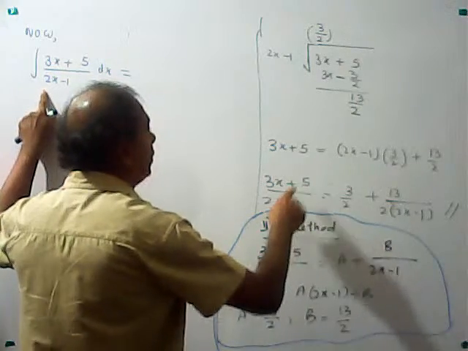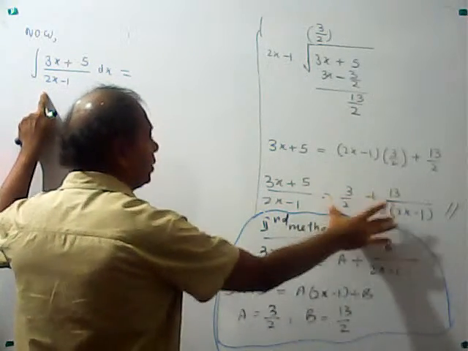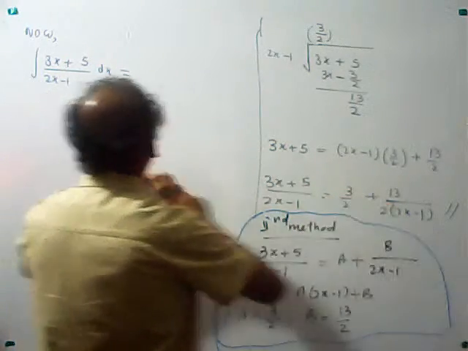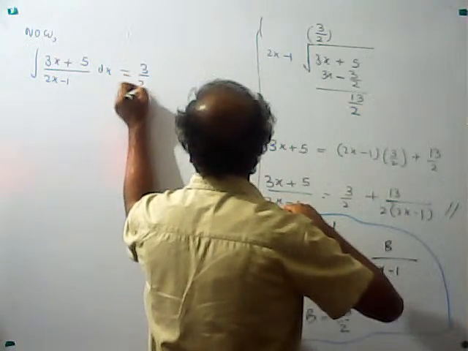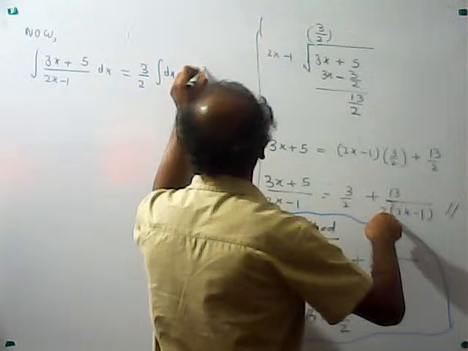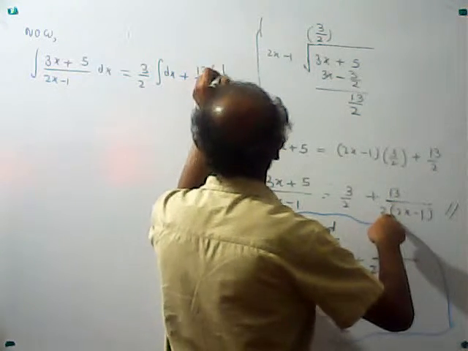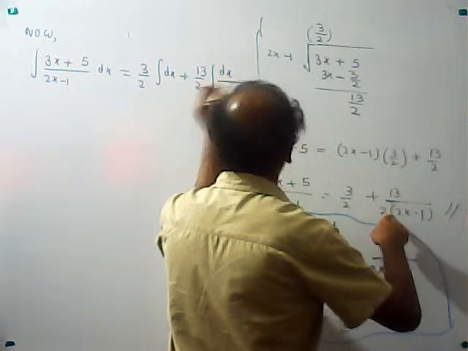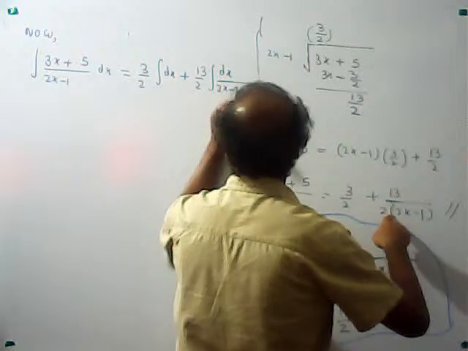Integral of this, we found a and b. Integral of this equals integral of this. Equals 3 over 2 integral of dx, taking in two parts, plus 13 over 2 integral of dx over 2x minus 1.